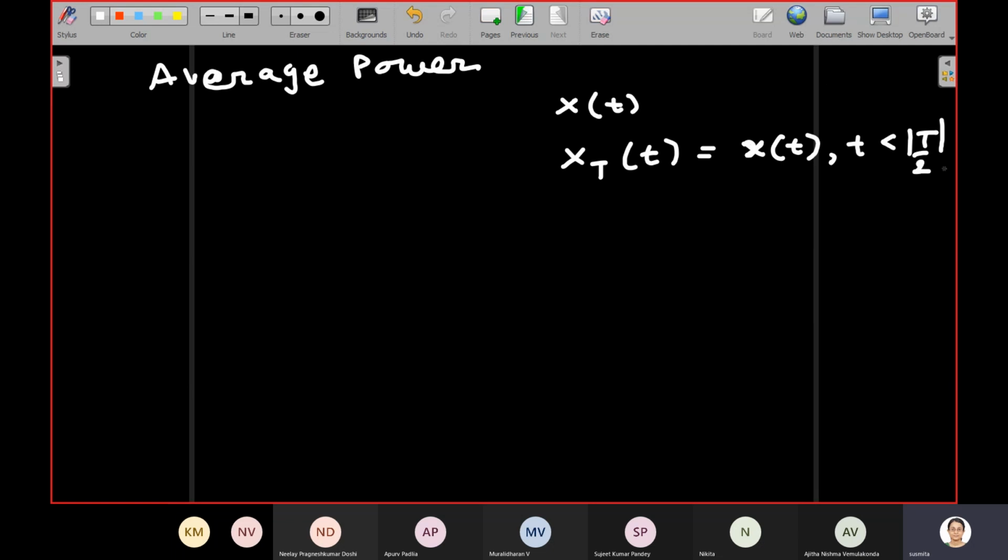Within plus minus T by 2, the truncated version of x of t is equal to the actual signal, but it is equal to 0 outside. So this is the truncated version of the signal x of t.